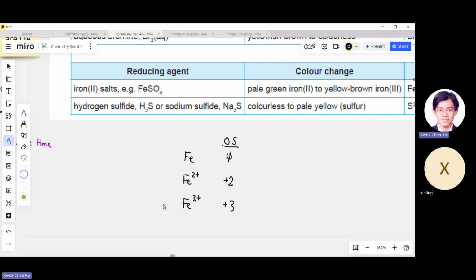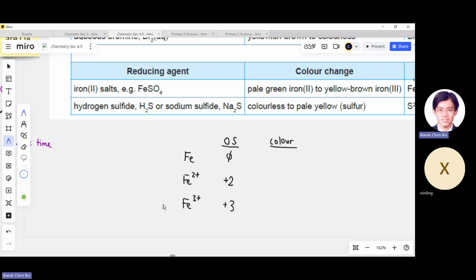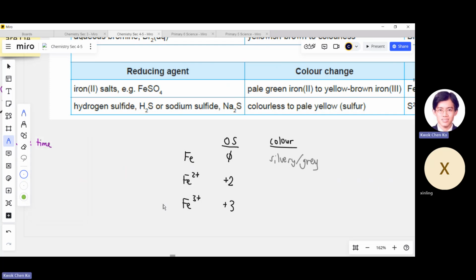What next? You should know they have a distinctive color. Color of Fe? Good. Fe2+?